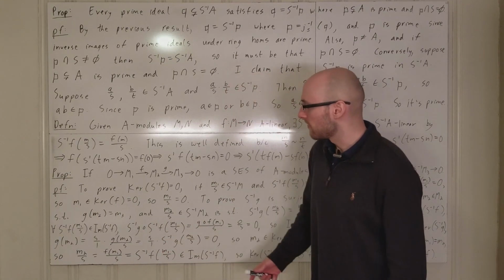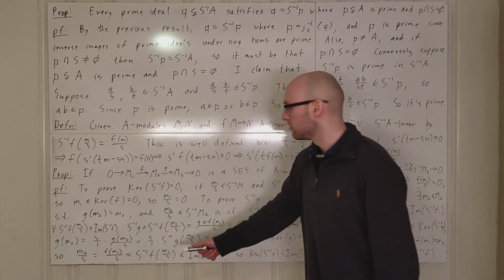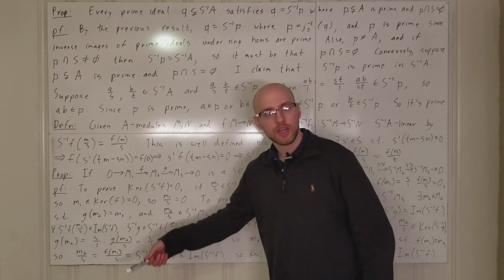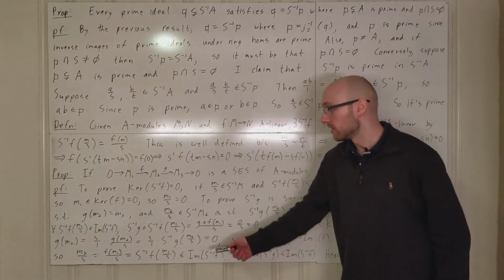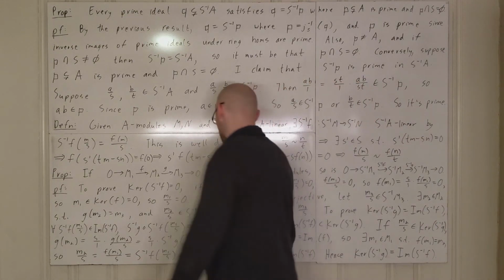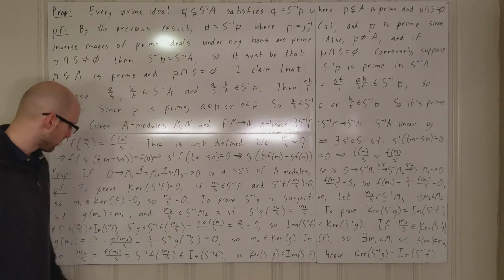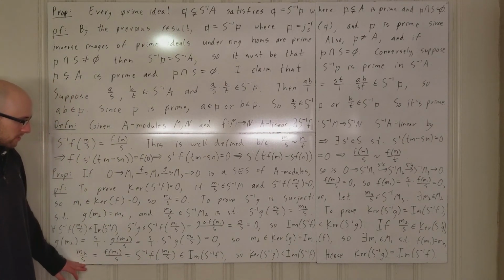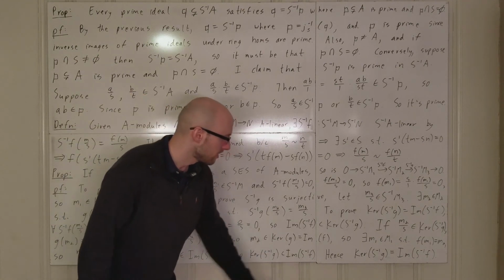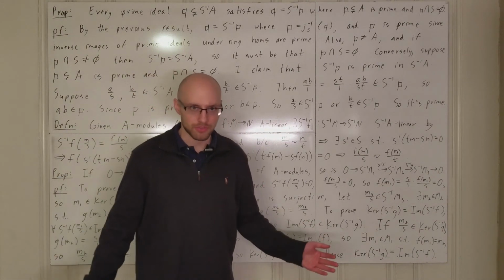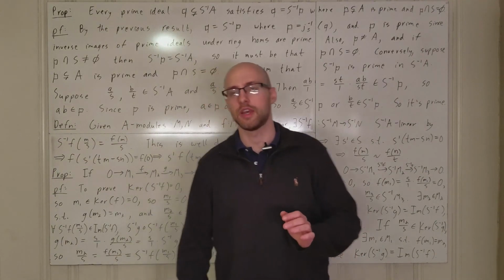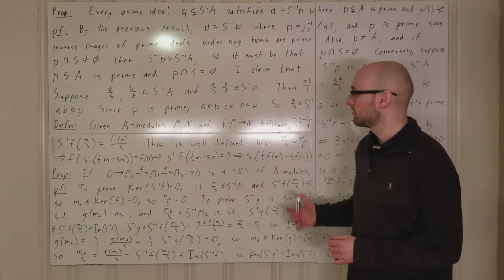And so then we have M2 over S is equal to F of M1 over S, which is just the image under S inverse F of M1 over S. And clearly this is in the image of S inverse F. So therefore, anything in the kernel of S inverse G is in the image of S inverse F. So we have this containment, and so we have containment in both directions, and therefore the kernel of S inverse G is equal to the image of S inverse F. And that proves this direction.